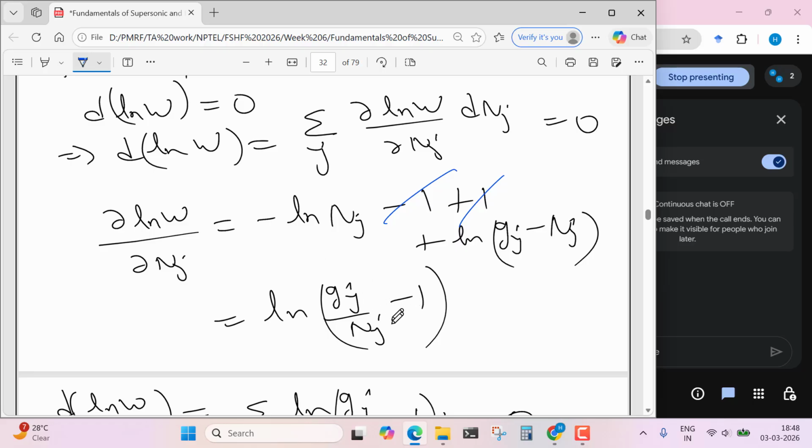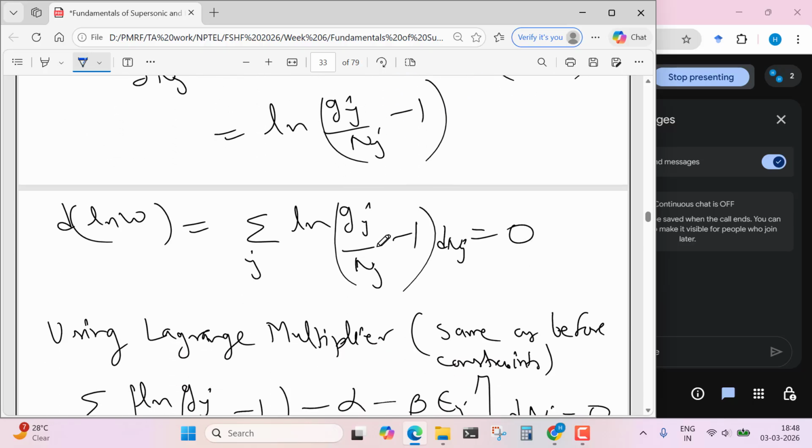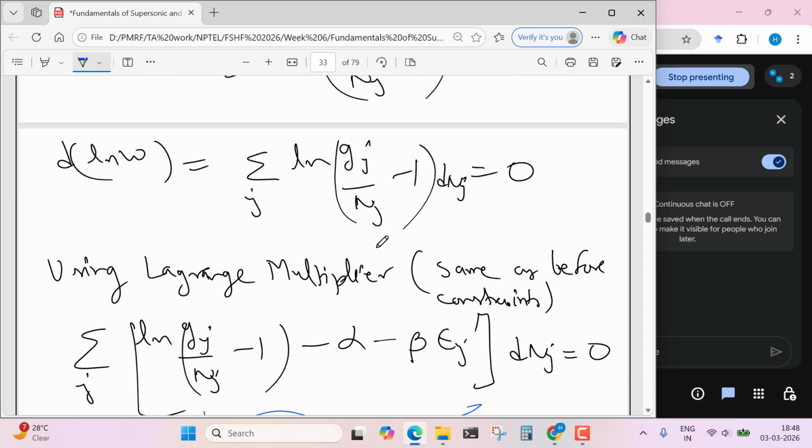So if we put this value in the d log W formula, we will get d log W equal to sigma j log Gj upon Nj minus 1 dNj equal to 0.